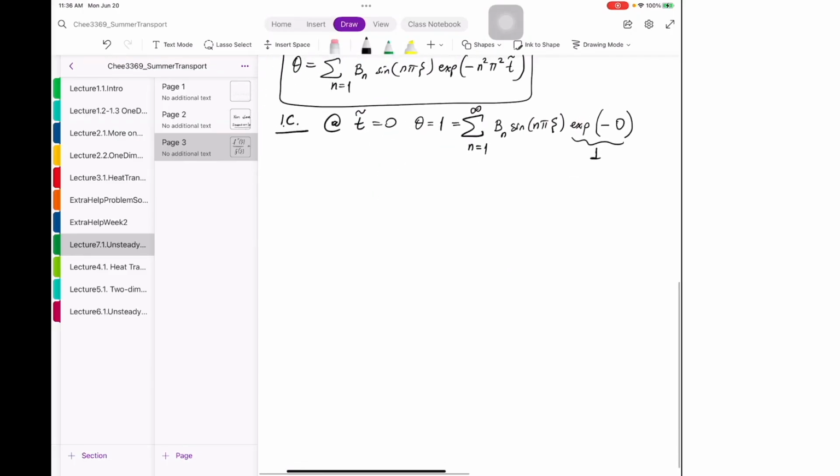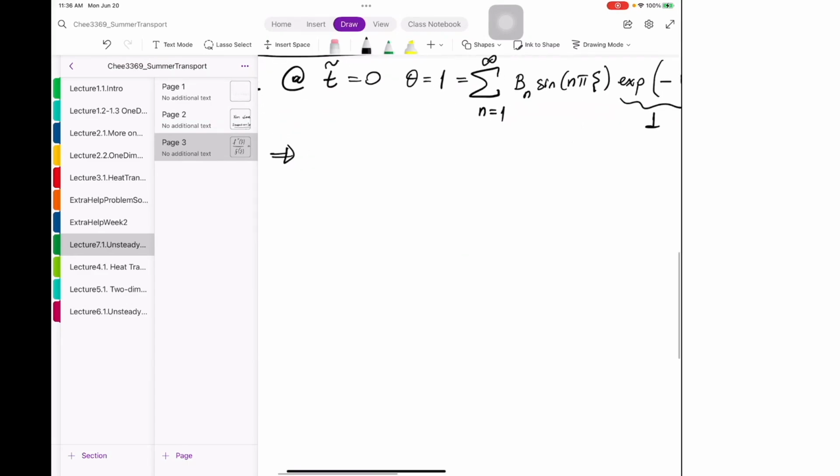So the Bn's satisfy the equation 1 equals the sum from 1 to infinity of Bn sine n pi xi.